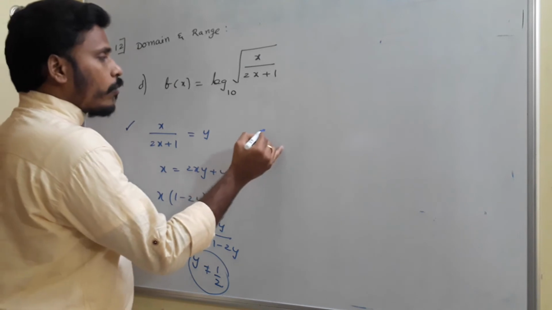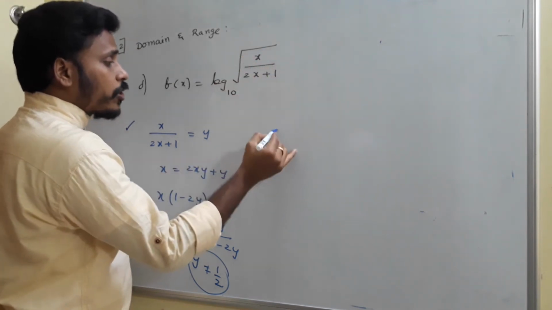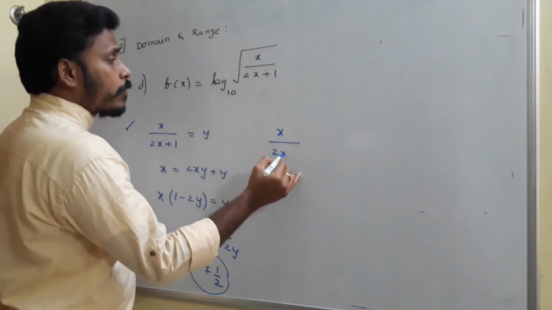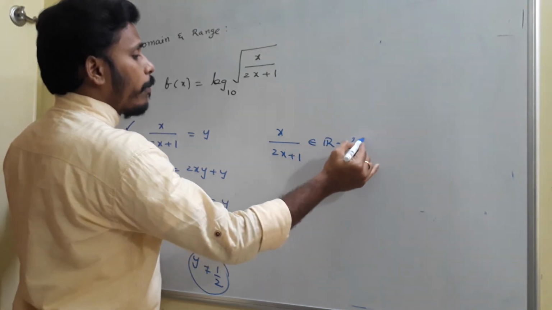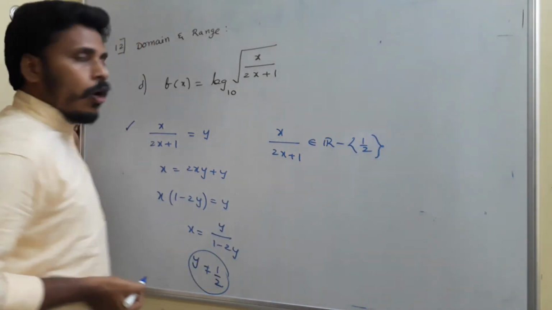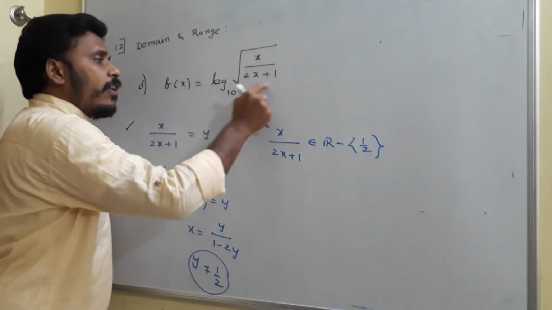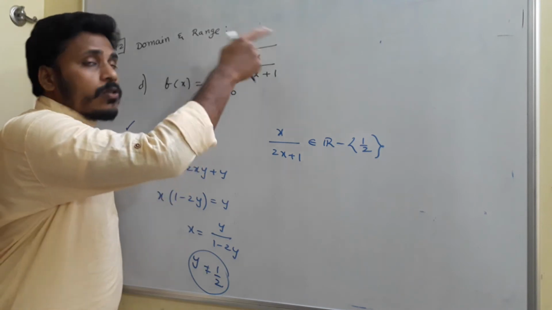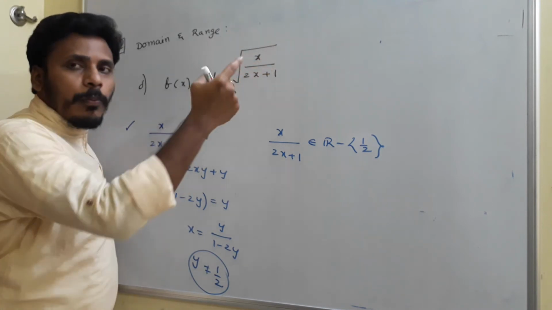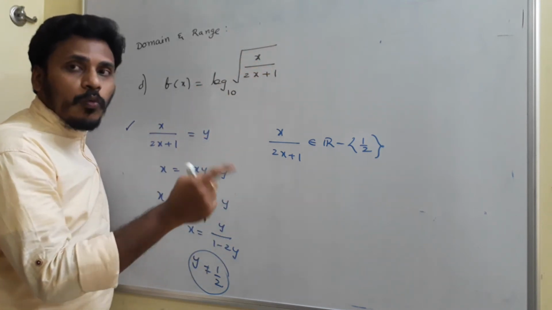Since y is not equal to 1 by 2, for this fraction x by 2x plus 1, the values are all the real numbers minus 1 by 2. Since it takes any real value except 1 by 2, if you apply square root, you will get all possible answers except root 1 by 2.